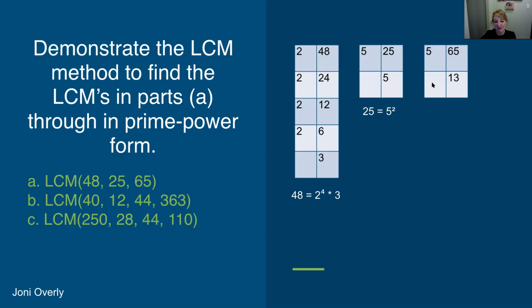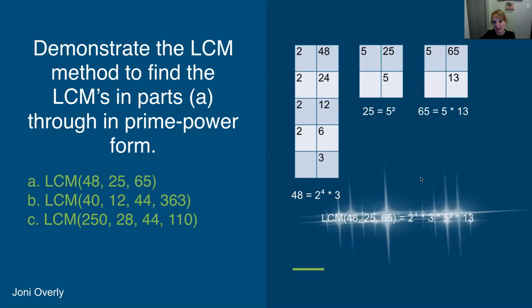So 5 times 13 equals 65. So therefore, the least common multiple of 48, 25, and 65 is 2 to the 4th power times 3 times 5 squared times 13.